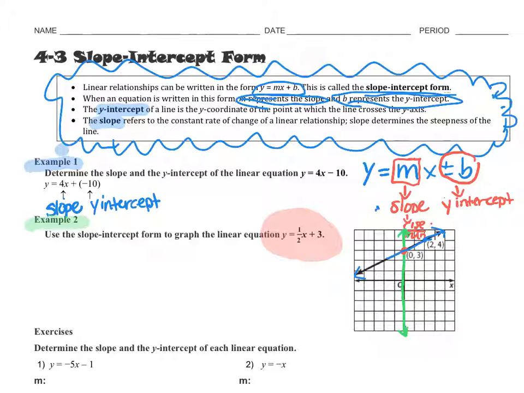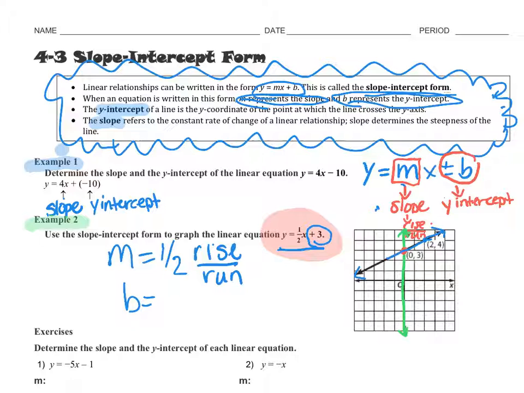What is your m? m is your slope. So if I look here, what's my m? 1/2. We'll say that's our rise over our run. And what is our b based on that graph? It is +3.